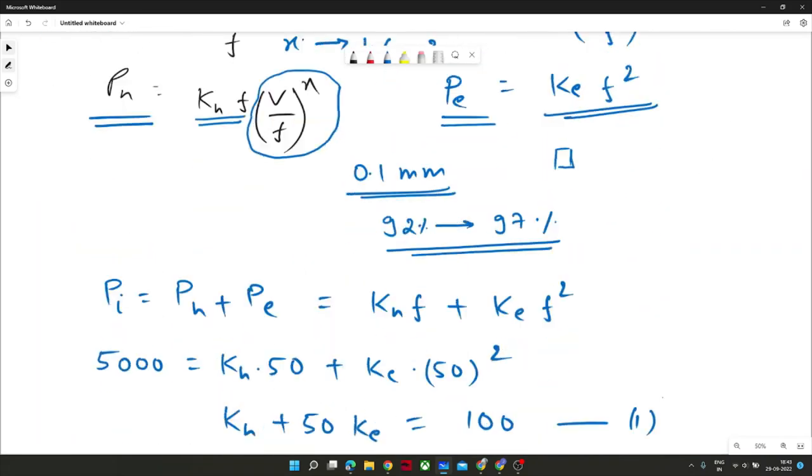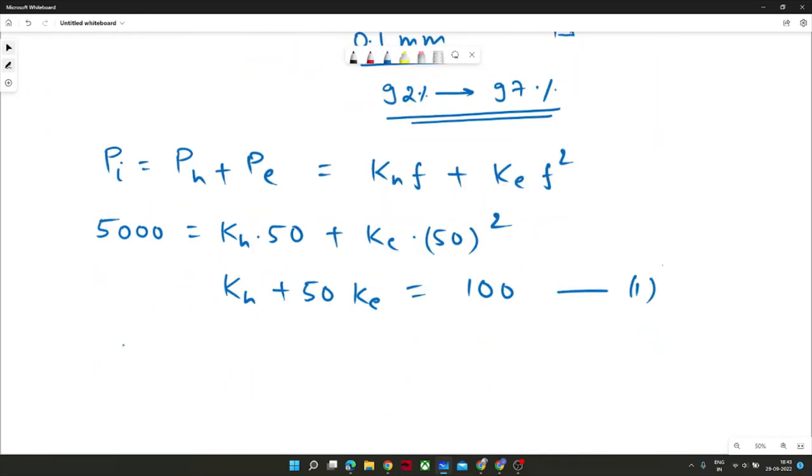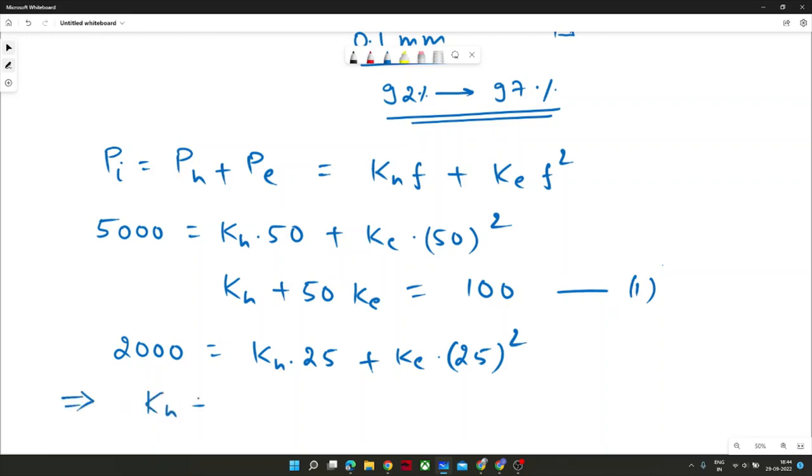So I will write another condition. So that's 2000 watt, 2000 kilowatt is equal to KH into 25 frequency, 25 hertz, plus KE into 25 square. So if you solve this equation, you will get KH plus 25 KE is equal to 80.